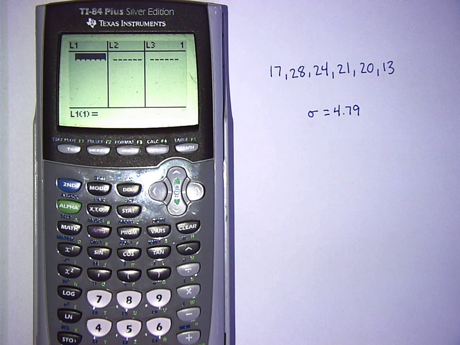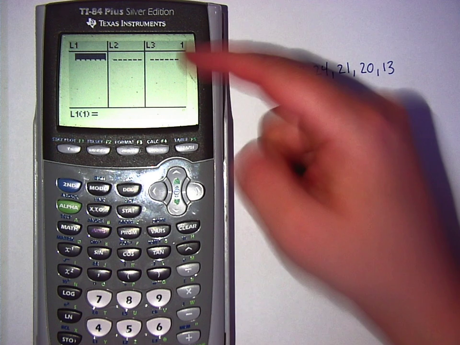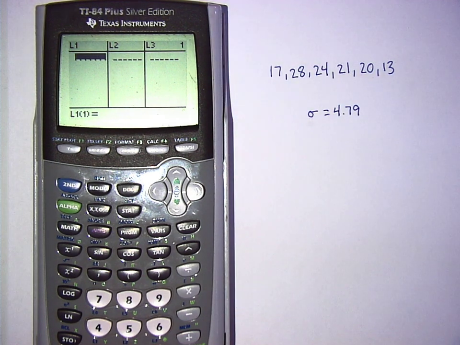And then do that for the other one. Does anybody have any different numbers than L1, L2, and L3 on top? Yours goes to L5, that's fine, we just have to arrow over, but I'm just wondering if anybody's missing a list.